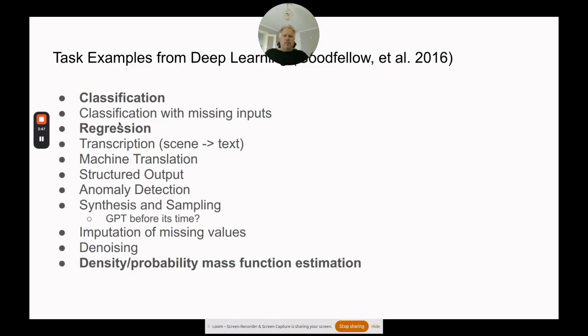There are special cases of classification, say with missing inputs, which bring up special issues. Transcription: you have a scene, a machine scene, and you want to generate text that is like the caption of that image. Machine translation, of course, for example French to English.